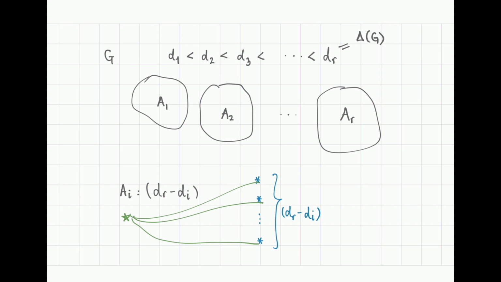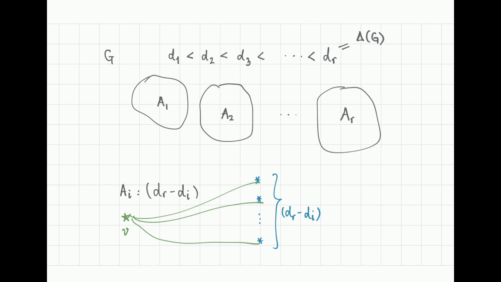So as before, if these blue vertices that you see on your screen here were helping out a particular vertex V in AI, then they will continue to help all copies of V across all the DR many copies of G that we generate.